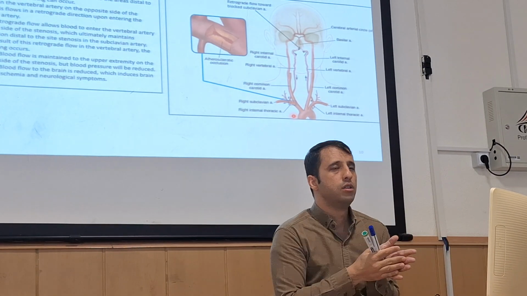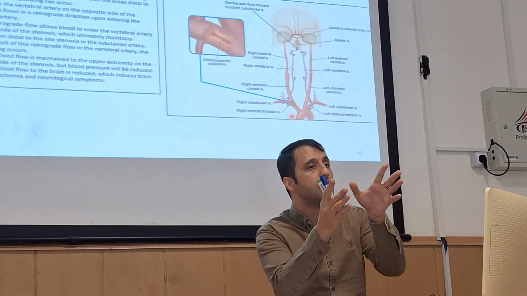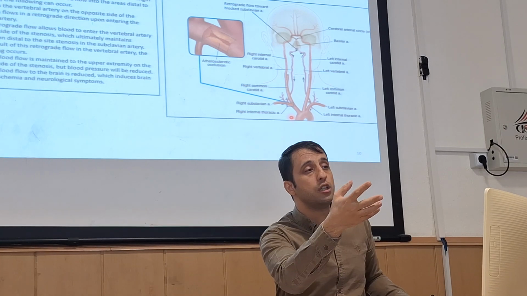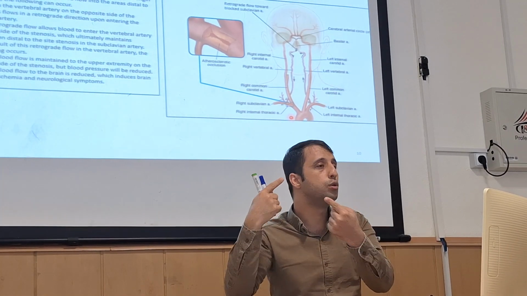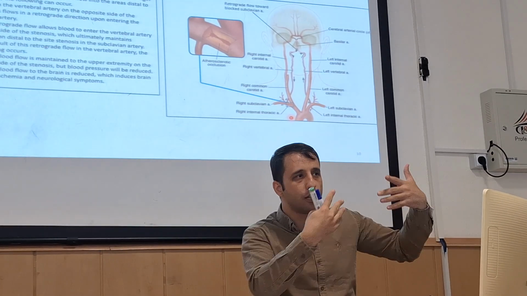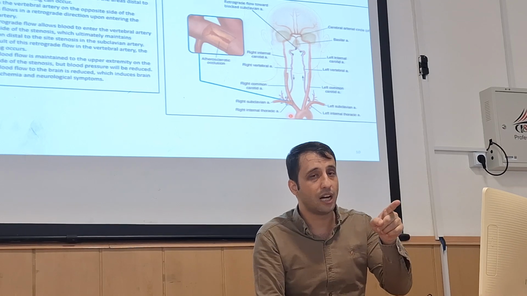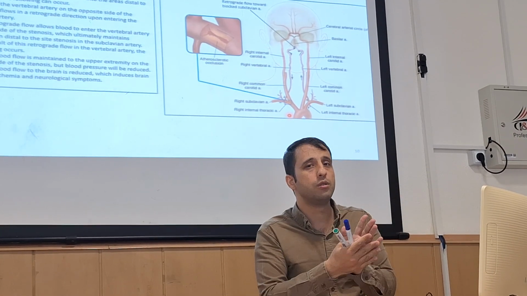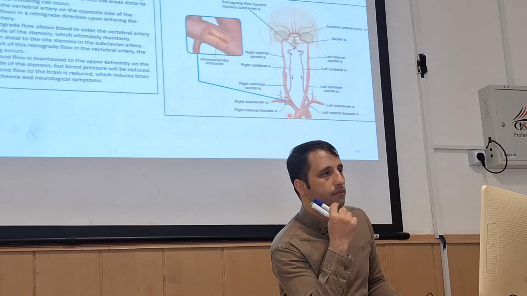So, in people who do not have respiratory or cardiac failure, you can inject the anesthetic on one side because the other side helps. But in a patient who has cardiac failure or respiratory failure, you cannot do this surgery. It will be harmful.